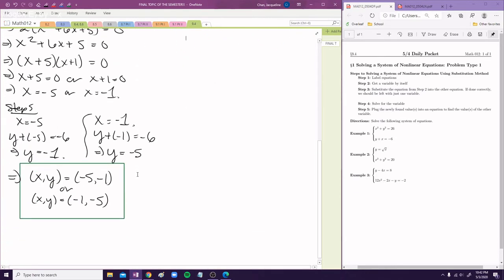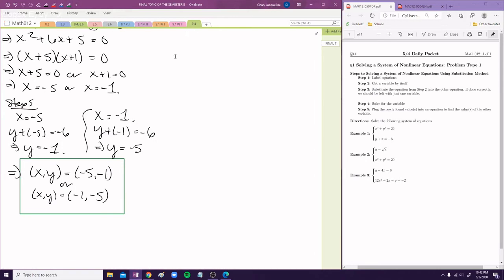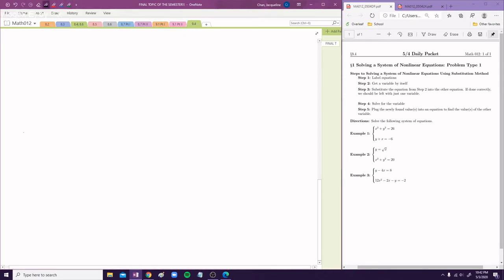So now let's do another example. For example 2, we are given y is equal to the square root of x, and x squared plus y squared is equal to 20.